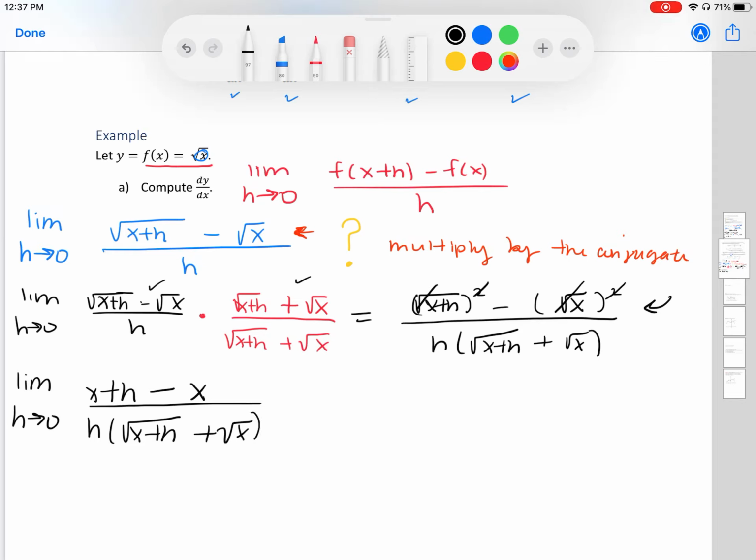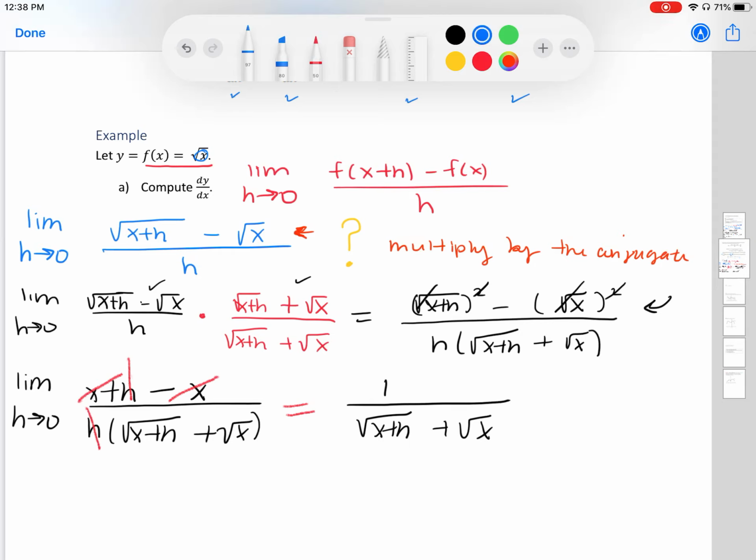Okay, so cool things happen here. We see that x minus x is 0, and we can divide out that h and that h. So what are we left with? In the numerator I have nothing, so I just have that 1. In the denominator I have the square root of x plus h plus square root of x. Can I now apply that limit of 0? Yeah, I can.